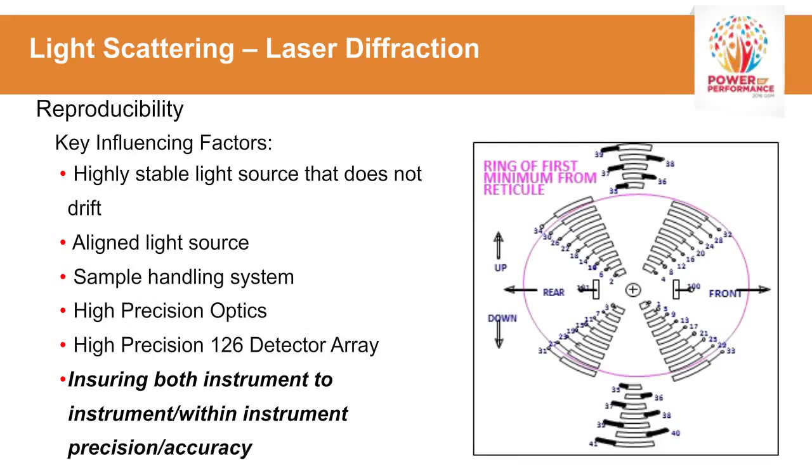This is a schematic drawing of the low-angle detector array, and it forms what we call an X pattern with the beam dump right in the center. That's where you're aligning the laser to, because that fixes the position.